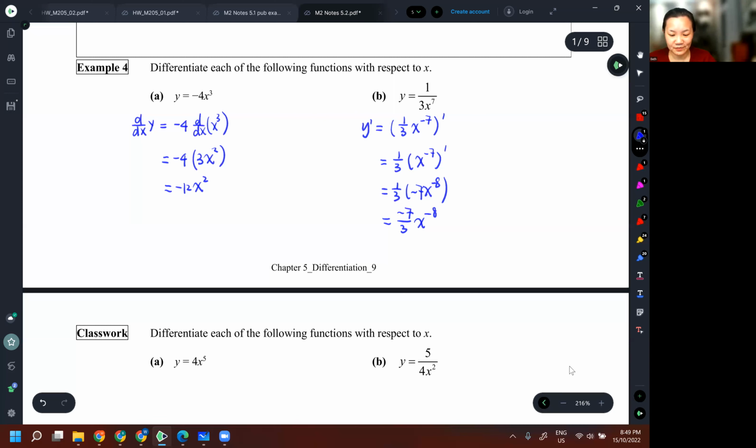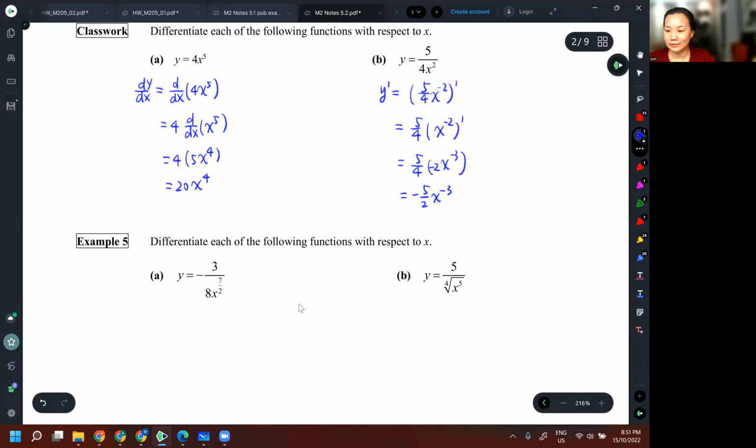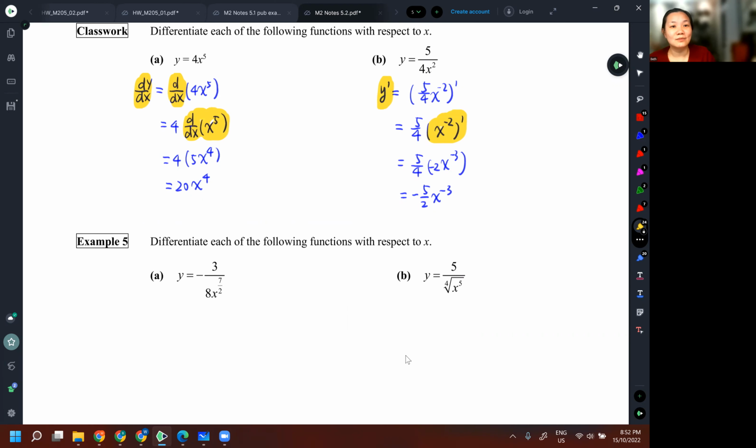Let me show you my answer. Because you are new to this, I recommend you write dy/dx and d/dx. And then you take out 4, you still write d/dx, and then the answer. For the second one, you write y prime and then this prime, and then you take out this prime. It's just practice, so you know how to use the notation.